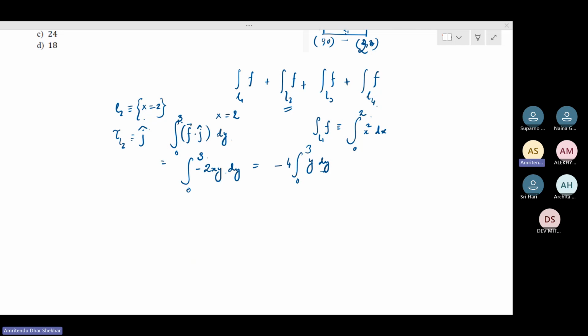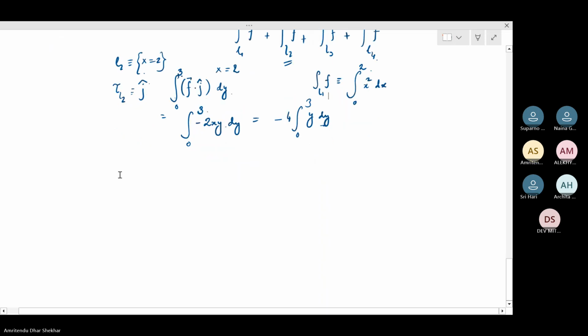Now let's move on to surfaces. So before going to surfaces, I'll just state one result, which is called the divergence theorem.